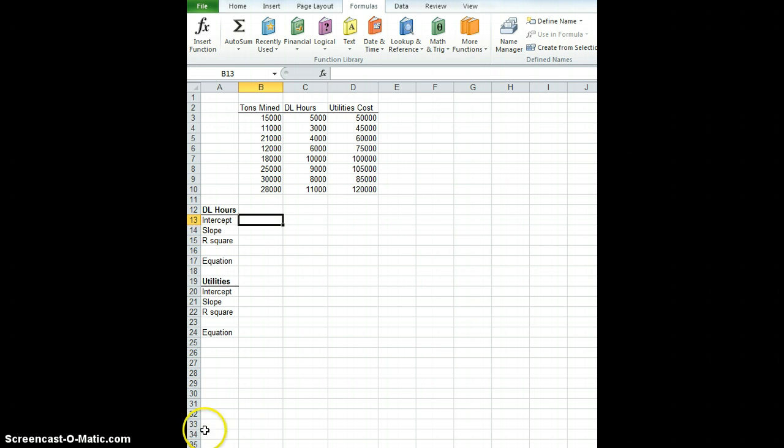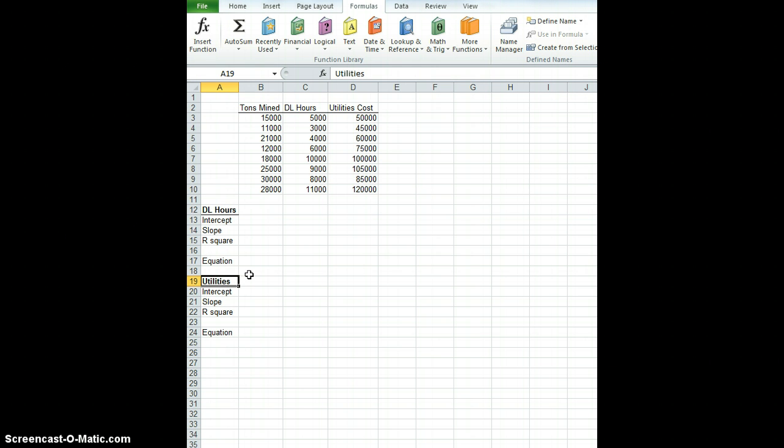In order to do this problem, you need to go to Excel, as we did in class this past week, and basically drop in the data as given in the textbook: tons mined, direct labor hours, utilities costs. Putting in those items, we can then calculate the cost formula.